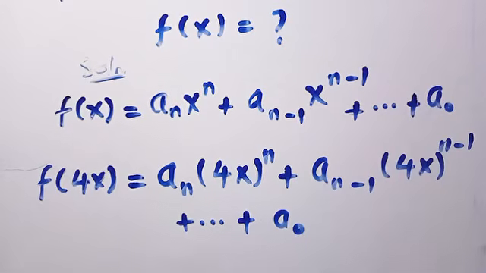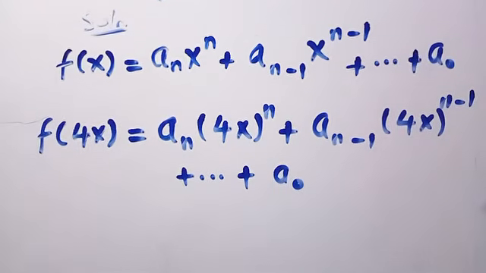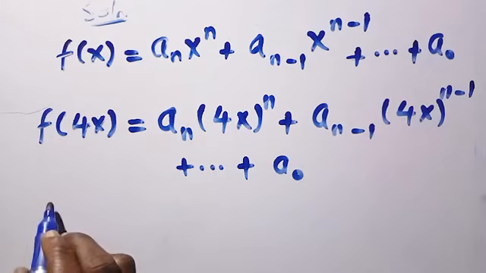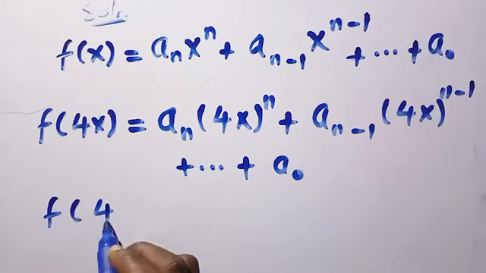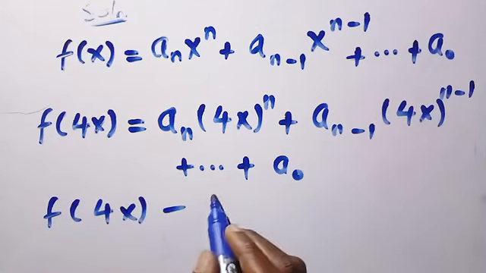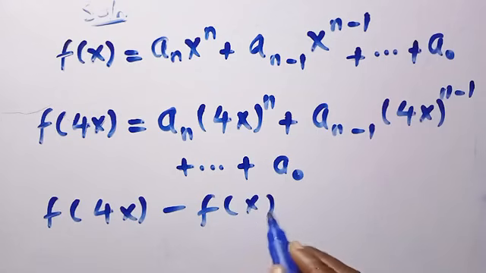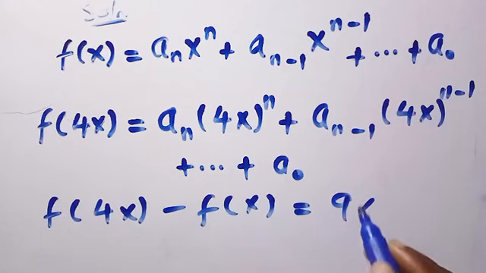If this is what we got, then from the given question, we are going to be subtracting f of 4x minus f of x, which everything equals 9x.